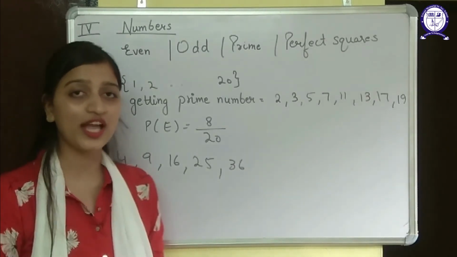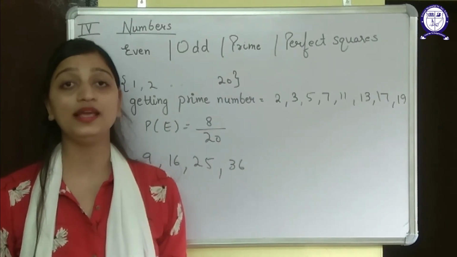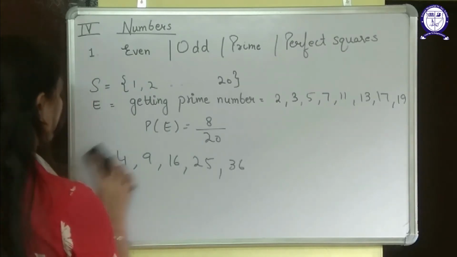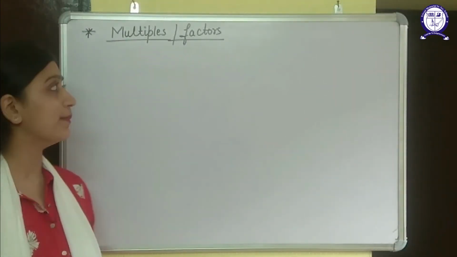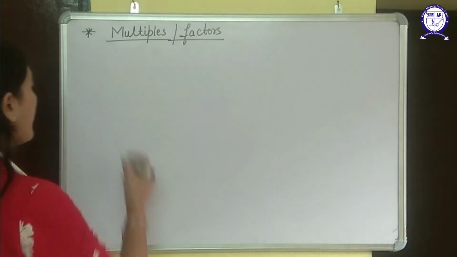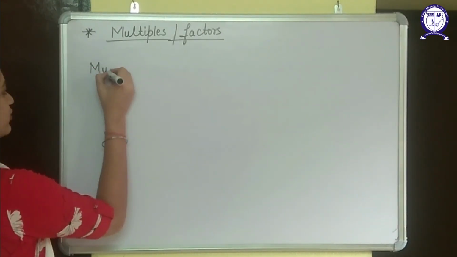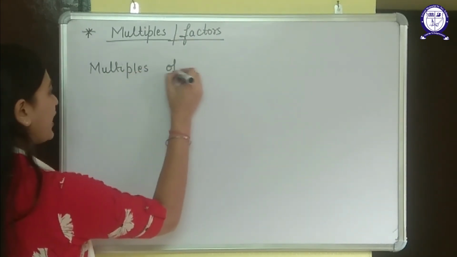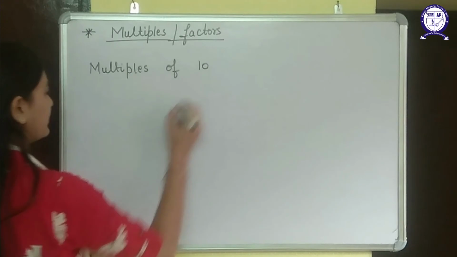But there are two more types of questions that are based on multiples, or you can say factors. So let's see what these examples are. Now the questions can be asked on multiples and factors. First of all, what are multiples? Multiples of a number. Suppose the number I am taking is 10.